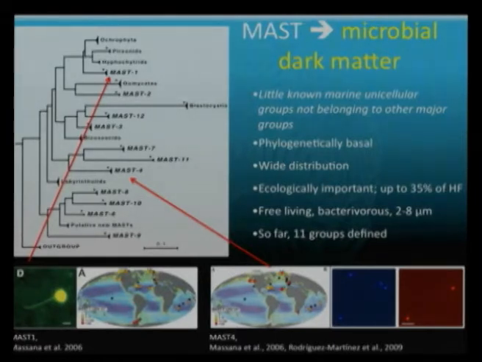Despite being very little known, these flagellates eat a lot of bacteria, and they also transport organic carbon to the upper trophic levels when they are eaten by other organisms. They can be up to 35% of the heterotrophic nanoflagellate community. So far there are 11 groups defined, and there might be a few others.